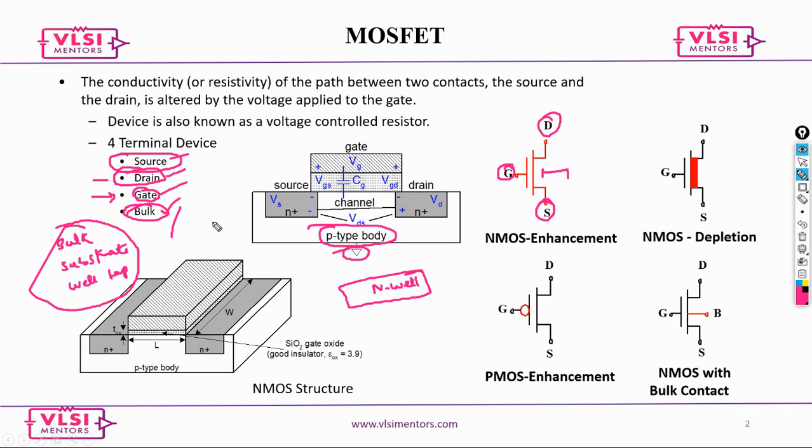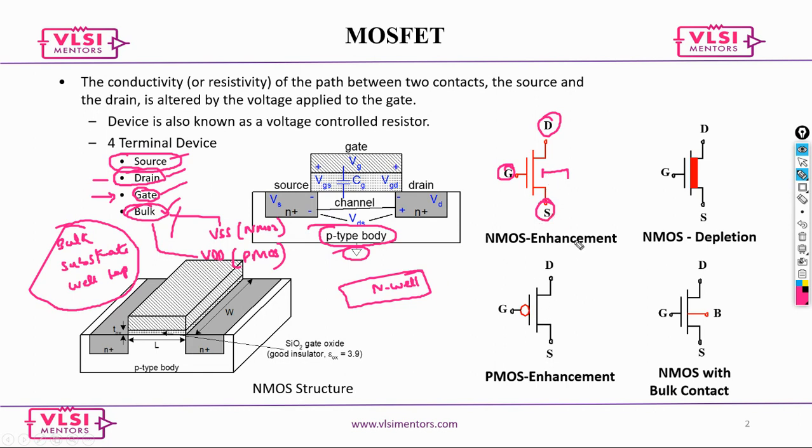So the bulk would always be connected to ground in case of NMOS, VSS in case of NMOS, and VDD in case of PMOS. Okay.